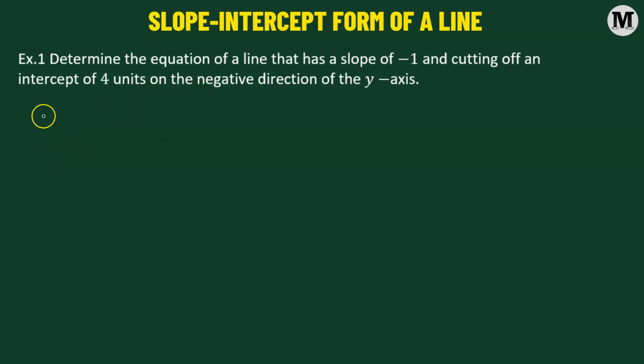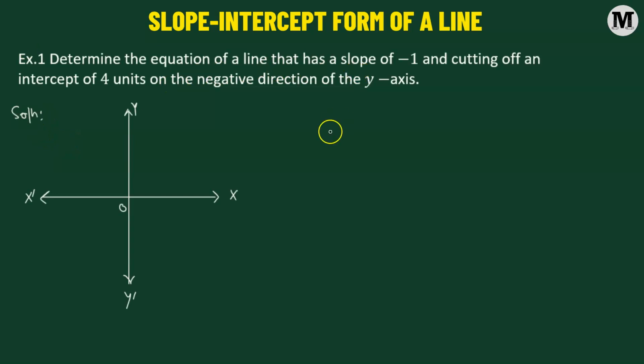Let's try to understand it graphically first. It's given that the slope of the line, which we denote by m, is -1.